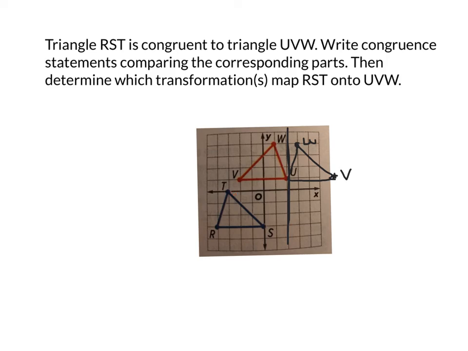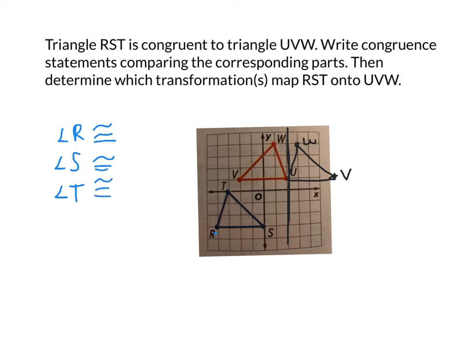So when I'm writing my statements, again, I'm going to do angles, and I'm going to do lines. So I'm going to start with the angles of my triangle RST.